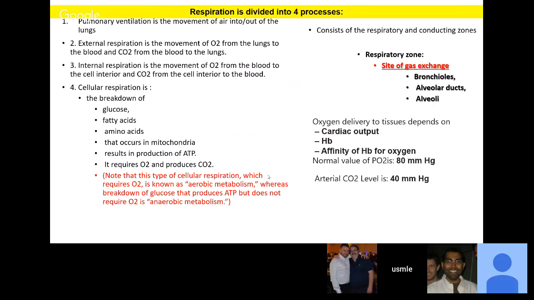Some of the gases will be in the plasma, and most of it is going to be within the cells. But the process itself is breathe in, breathe out, exchange between the alveoli, then the transport, and then the exchange within the cells. That is mostly the four aspects of it.